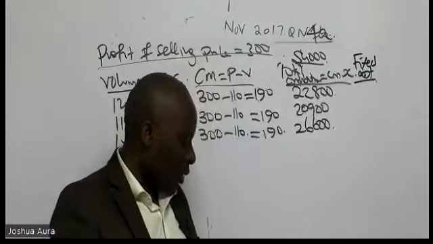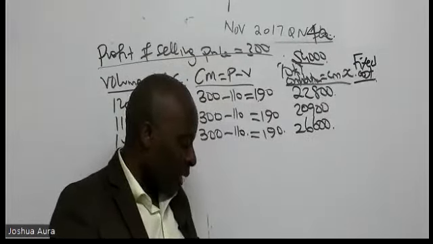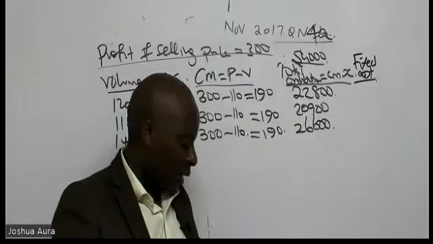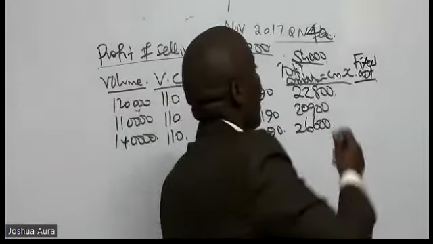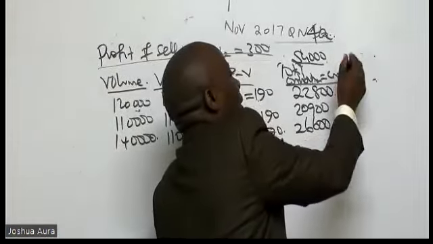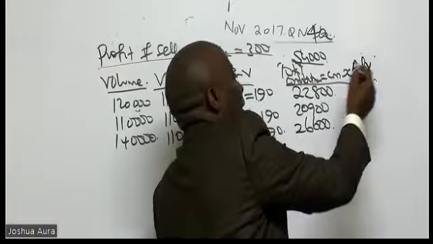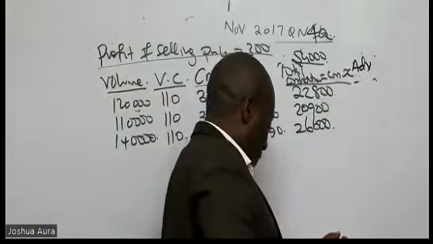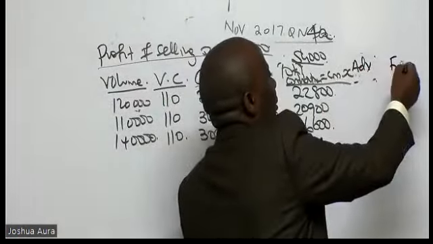They have told us that we have advertising cost of 9 million per annum. So we have advertisement and then we have a fixed production.